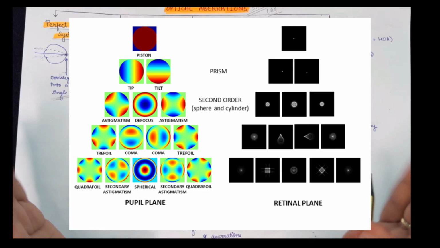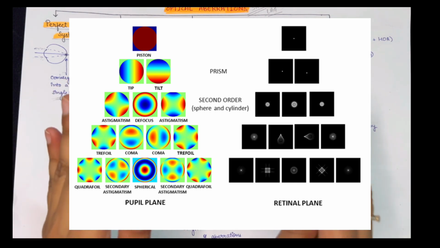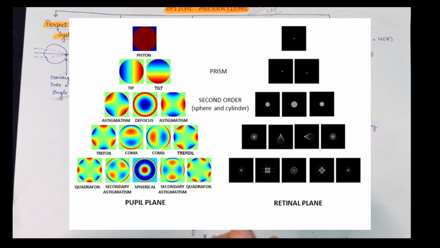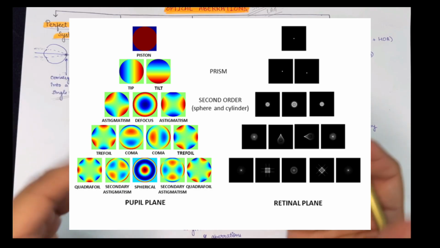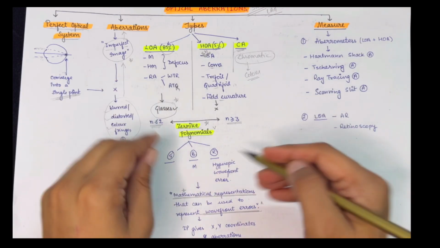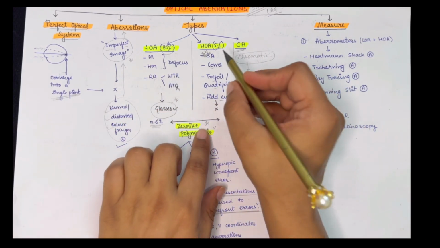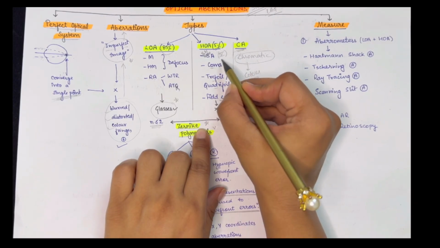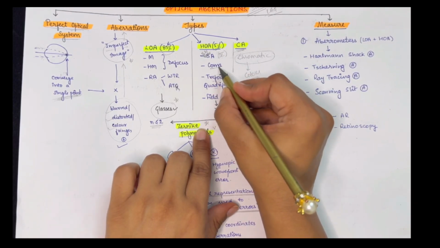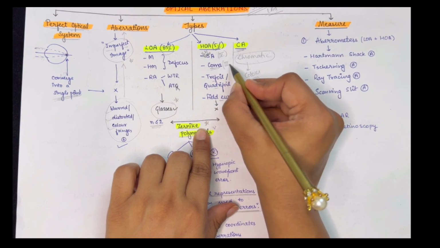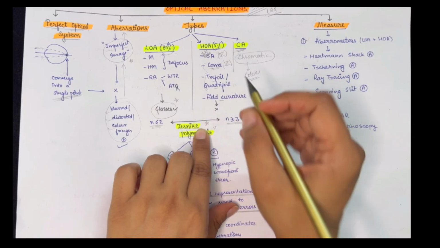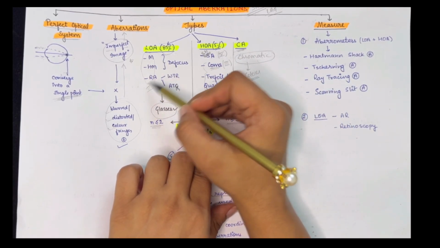We need to understand up to fourth order. Within that, mainly focus on spherical aberration in the fourth order; in the third order, focus on coma and trefoil; and in the second order, defocus, that is myopia and hypermetropia, and astigmatism. So now you know what are lower order and higher order aberrations. Spherical aberration is a fourth order aberration. Coma is third order. Even trefoil and quadrifoil come under third order. And these are all our second order aberrations.